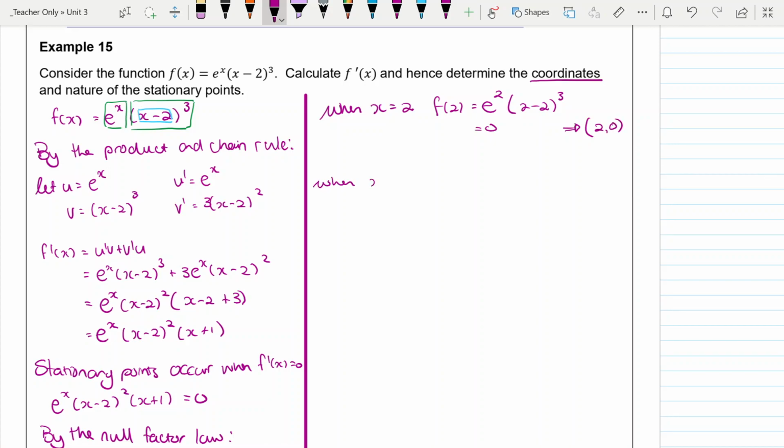And when x equals negative 1, I have f of negative 1, which is going to be e to the negative 1 times (negative 1 take 2) cubed, and that gives me 8 over, is it 8? No, 27. 27 over e. So that means that my second stationary point is at (negative 1, negative 27 over e).